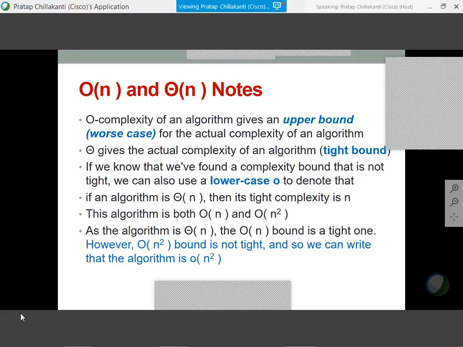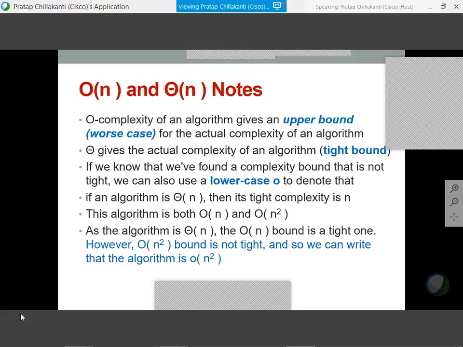Whatever algorithm is n can also easily be made order of n². Remember, you can make a good program worse. I can simply add another useless for loop and make it order of n².